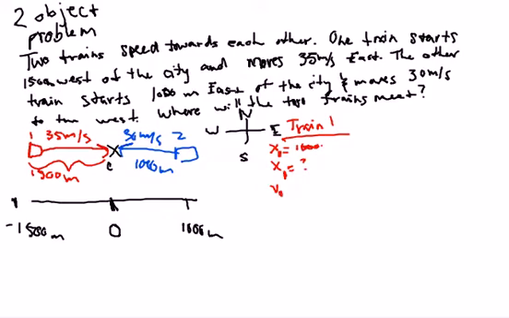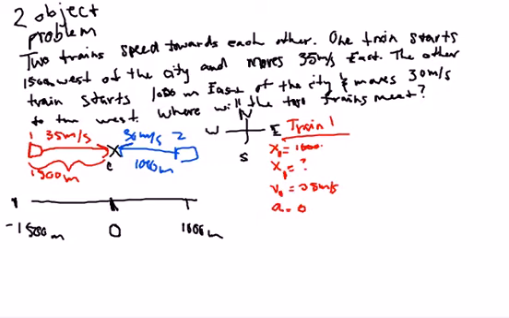We know its initial velocity. We know that it's not accelerating, it's staying at the same speed. So we know that its acceleration is equal to 0.